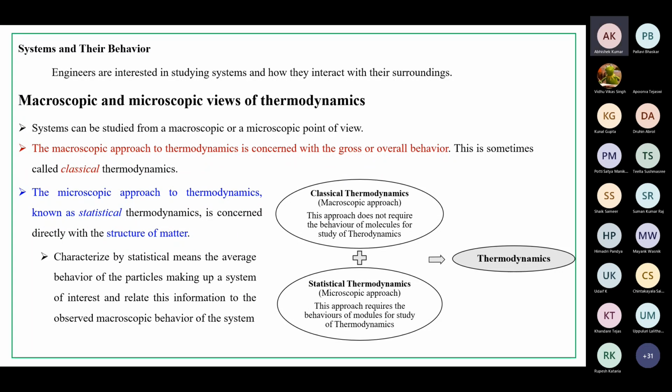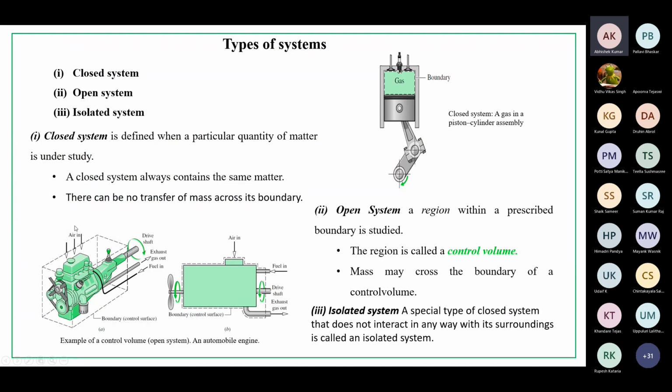We are not going into microscopic study. Macroscopic study means our concentration is on the overall system, like this total system: air is entering, air is leaving. Here also some compression is happening, some energy is releasing or energy is absorbing. Like that we are studying.